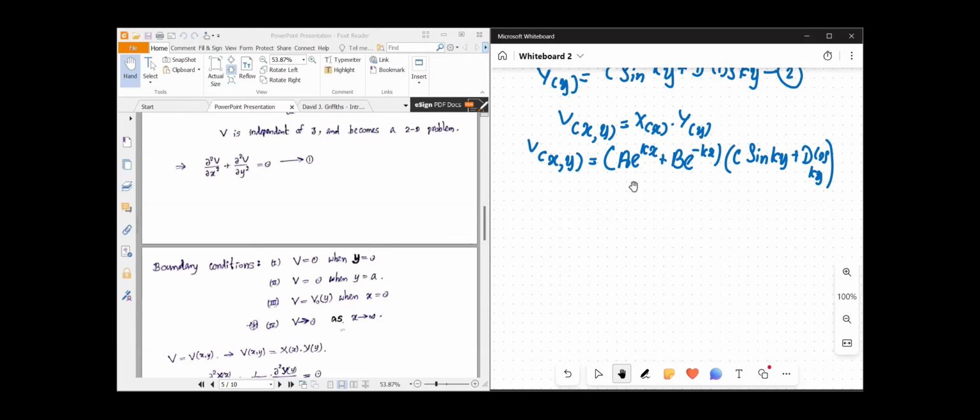If I consider x going to infinity, what will happen to each of these terms? This term will reach 0, but this term will go to infinity. Therefore, in order for this fourth boundary condition to be satisfied, when x is going to infinity, potential should reach 0, so a will be 0.